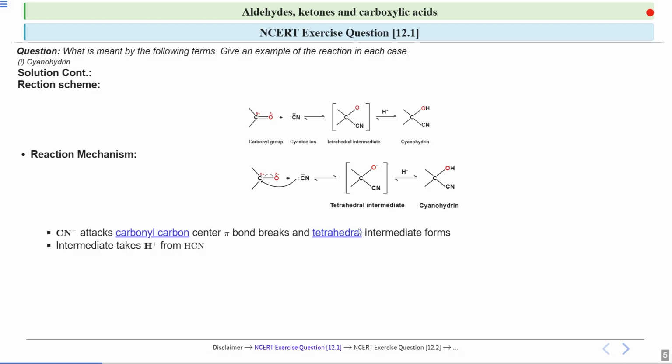So this is how from a carbonyl compound, when you attack it with CN- ions or cyanide ions, you get cyanohydrin. Is it clear?